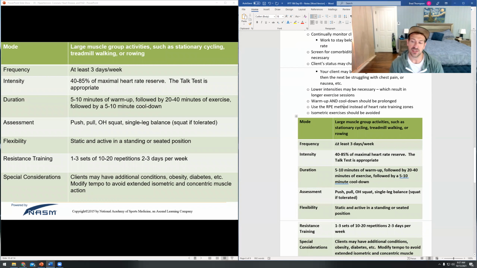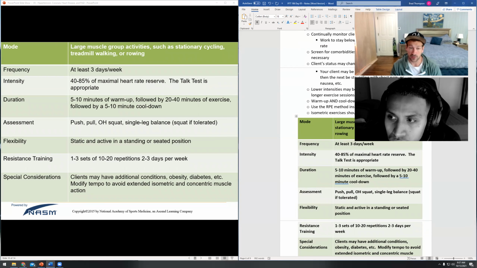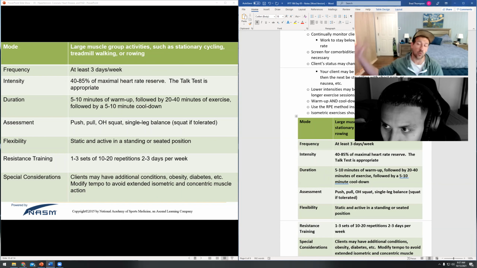Frequency, we're going to drop this down and say at least 3 days per week. Now, if they are very recovered, if their heart attack was minor, depending on the client, you may go 5, 6, 7 days a week, right? But ideally, the minimum is at least 3 days a week. I know that's very vague compared to the frequencies we've seen in other versions, but it has to be vague because, again, coronary heart disease has such a wide array.